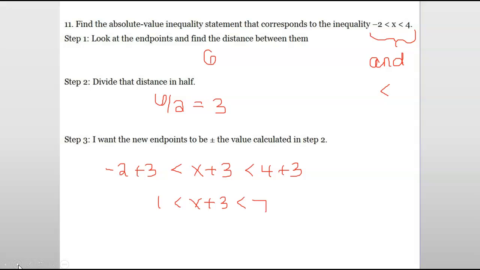So we're going to take the left side and kind of ignore it. And we're going to use the right side of the inequality to write my absolute value. So we're going to say that the absolute value of x plus 3 is less than 7.